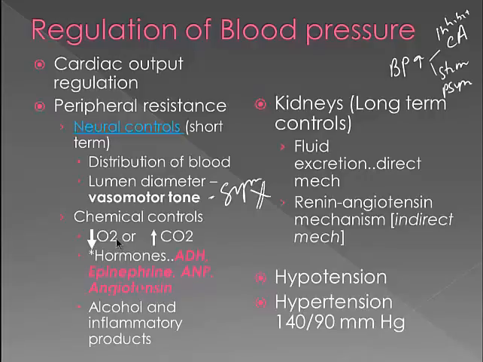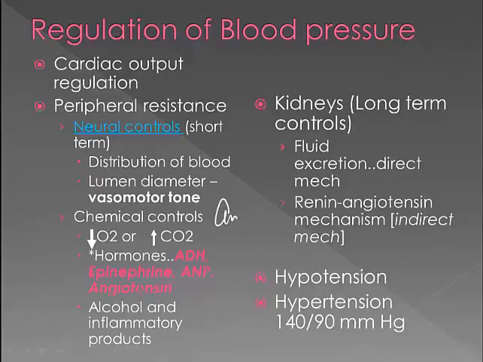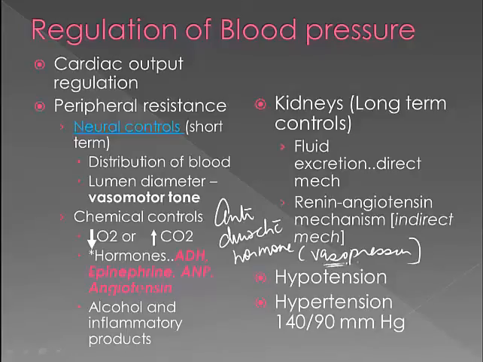Other things which affect peripheral resistance are certain hormones. These hormones, ADH stands for antidiuretic hormone. It's also known as vasopressin. As the name suggests, vaso is blood vessel, pressin means pressor or tenses it, so it causes constriction.